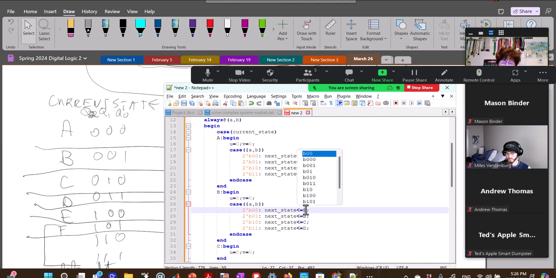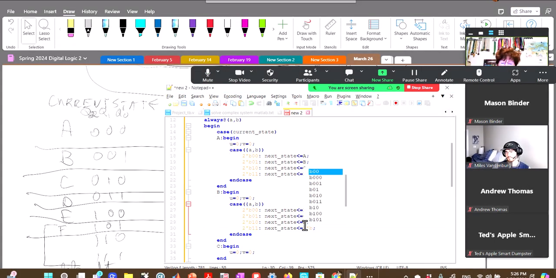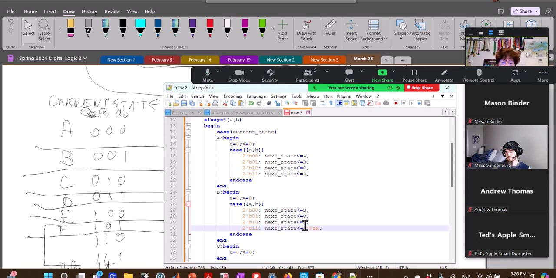So it'd be B, and then C, and then E, and then this one was, if I put in a quarter to a nickel state, I would have this one to be 2BXX. So that's how you would do a don't care there.